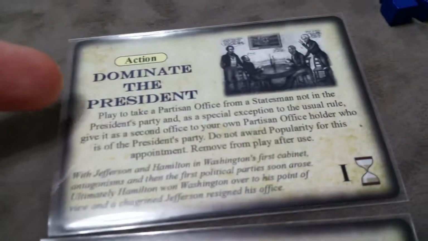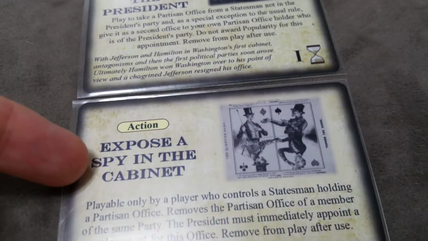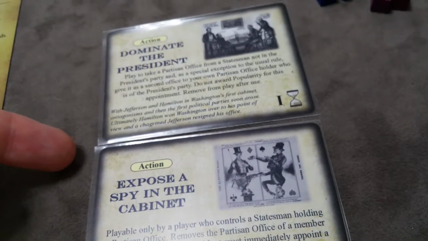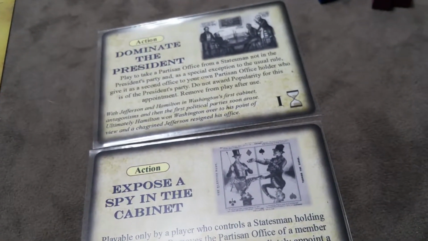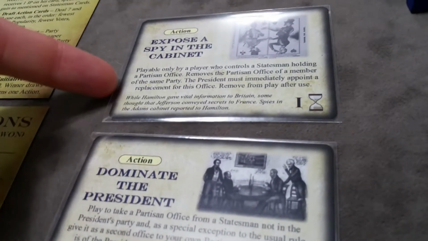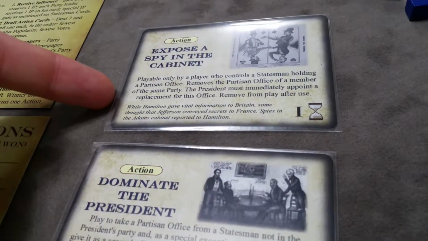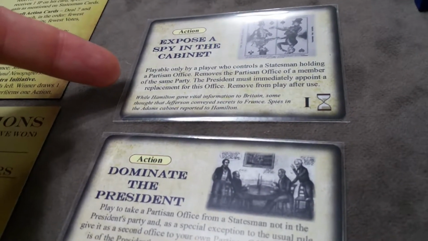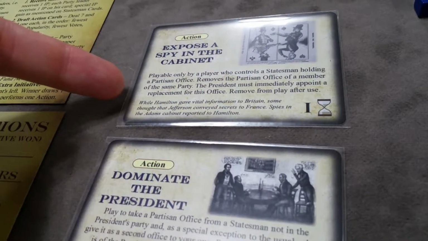Some other cards like Dominate the President or Expose a Spy in the Cabinet, these can be played on a statesman within your own party or within your own faction. Another point about these cards is, remember, cards can be played at any time, so they can possibly interrupt a deal that was made. So maybe the president made a deal with another player.